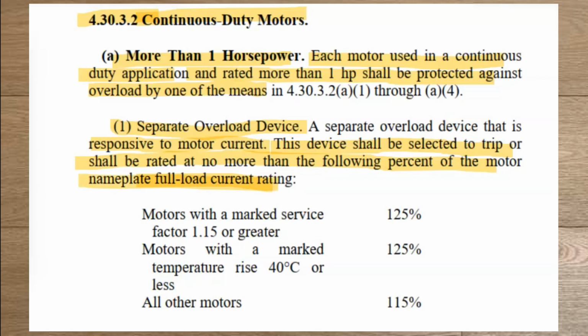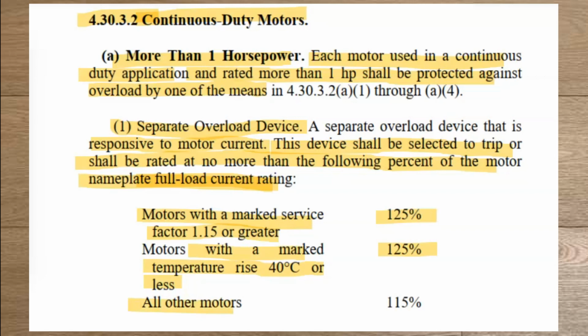So if your motors are marked with a service factor of 1.15 or greater, the size of your overload device should be multiplied by 125%. If your motors are marked with a temperature rise of 40 degrees Celsius or less, the factor is 125%.